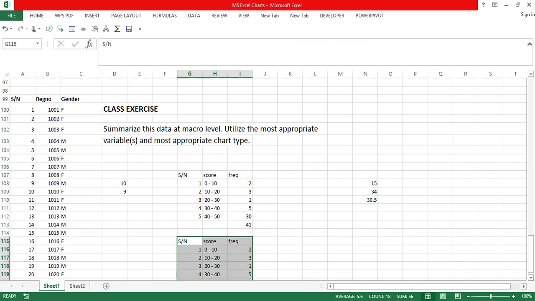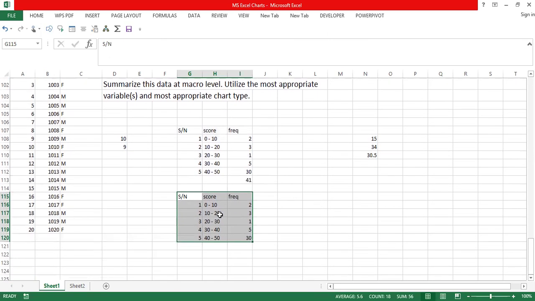A lot of students would say, no, it's supposed to be like this. They'll say this is not correct. It's supposed to be like this. A lot of students usually think it has to be like this.